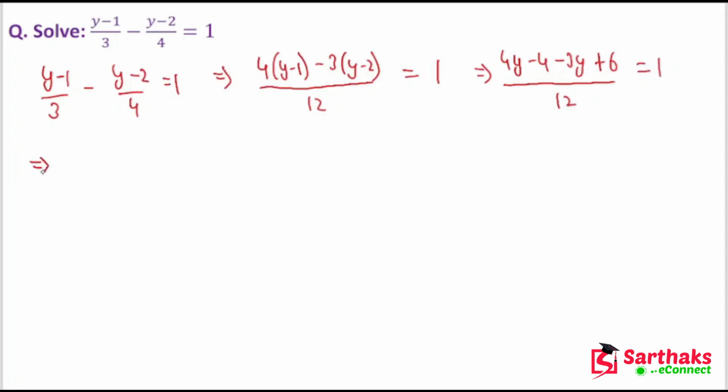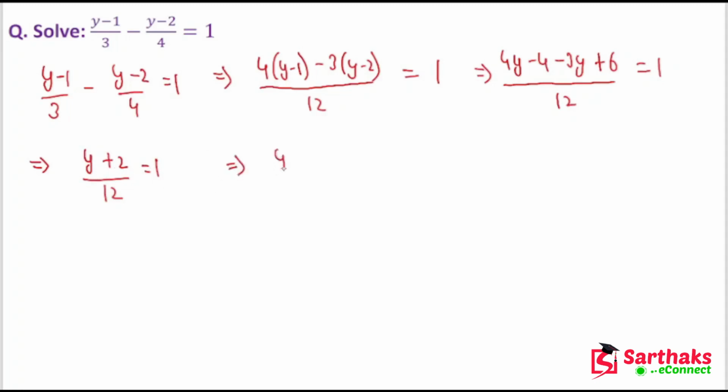So finally we will get 4y minus 3y, that is y, and minus 4 plus 6, that is plus 2, whole upon 12 is equals to 1. Till now we have not used any rule of multiplication, division, addition or subtraction for solving the equation. Now we have to remove this 12, so we can multiply both the sides by 12.